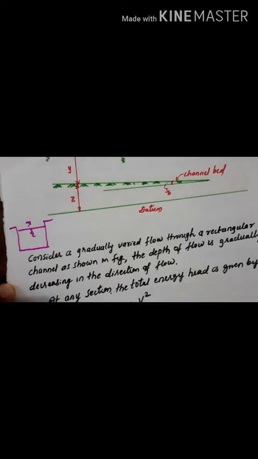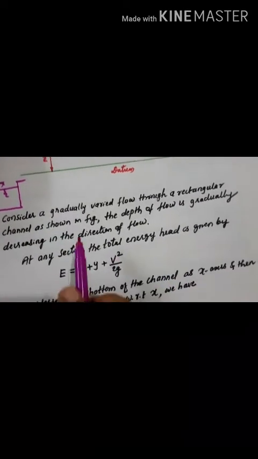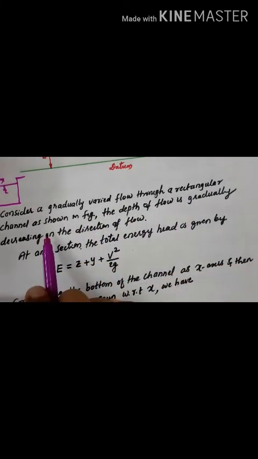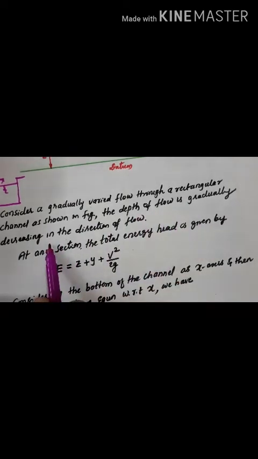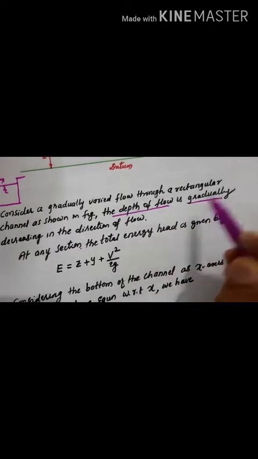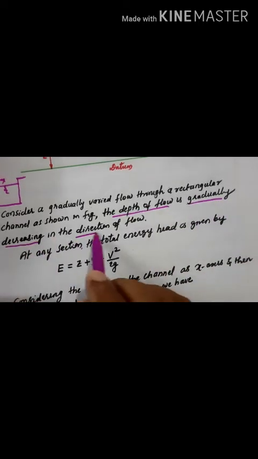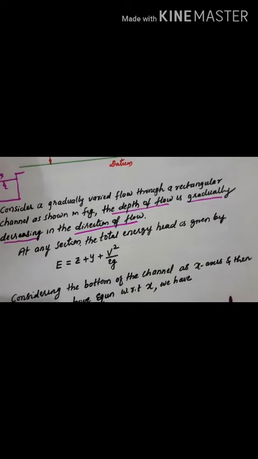The only variable here is the depth of flow. Consider a gradually varied flow through a rectangular channel as shown in the figure. The depth of flow is gradually decreasing in the direction of flow. Then how do we get the differential equation for this?